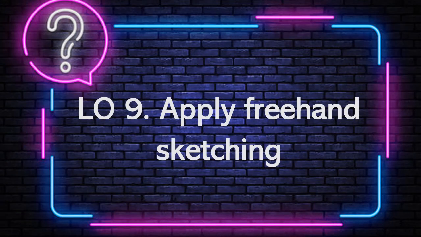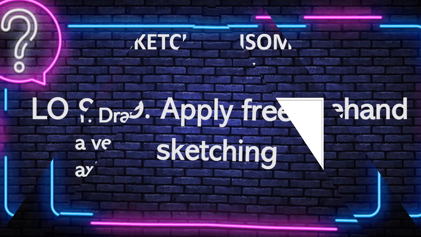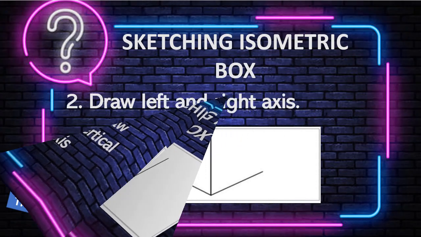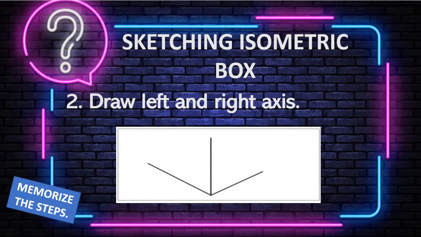Learning outcome number 9. Apply freehand sketching. In sketching an isometric box, you should do this first. Look at the illustration. This is number 1. Draw a vertical axis. Look closely in the illustration for step number 2.